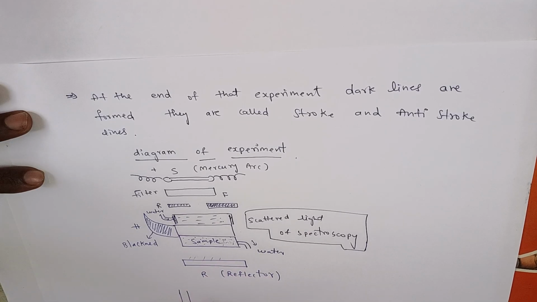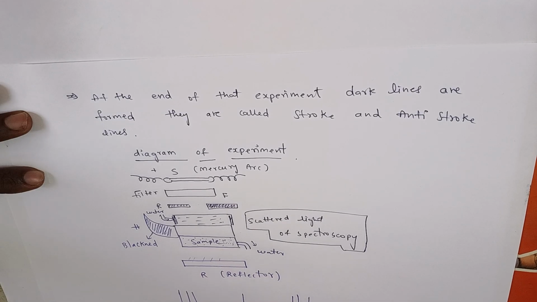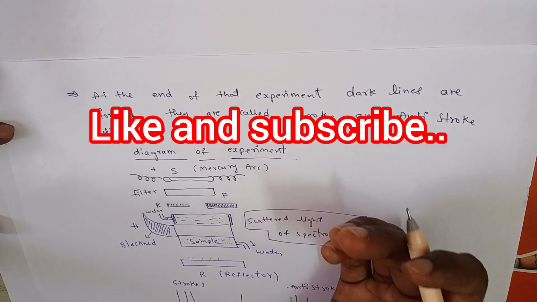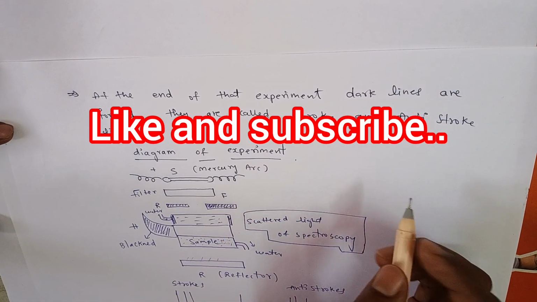Anti-Stokes lines have higher frequency, these are Stokes lines, and these are normal. This is the full information about the Raman effect. Hope you all understand this topic. Thank you.